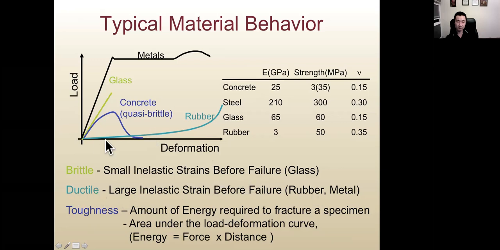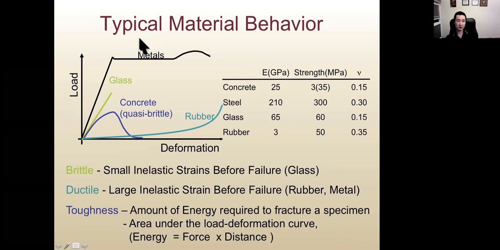For rubber and also metals such as steel, these materials initially also have an elastic region, because the slope is constant. So this is metal, this is rubber. From here to here, the line is almost straight, so this is called again elastic strain.